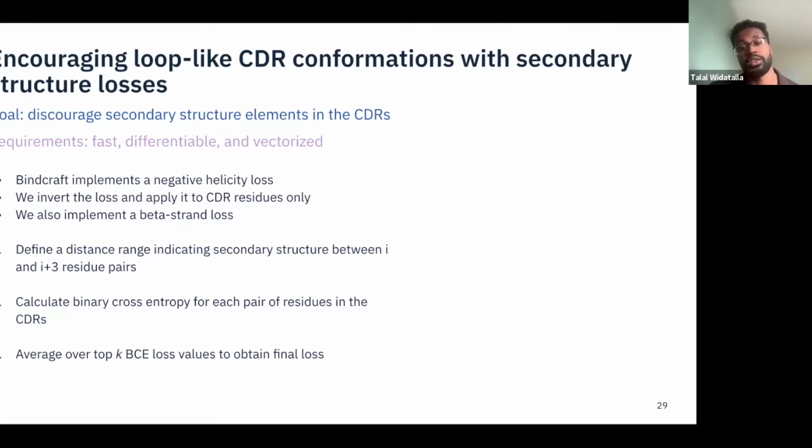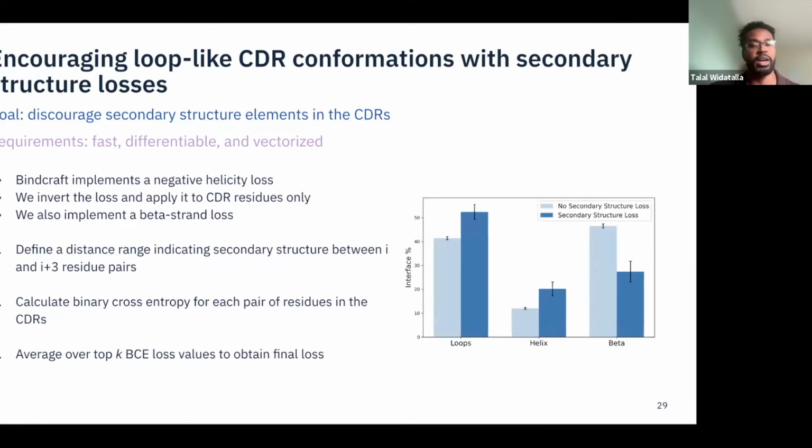In addition to optimizing these sort of framework binders, with raw optimization of AlphaFold confidence you also do not get loop-like CDRs, and you'll get a lot of alpha helices and beta sheets in your CDRs. So we actually borrow the helicity loss that's implemented in BindCraft and apply it to CDR residues only, and we also implement an analogous beta strand loss.